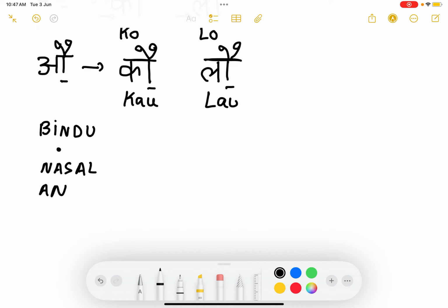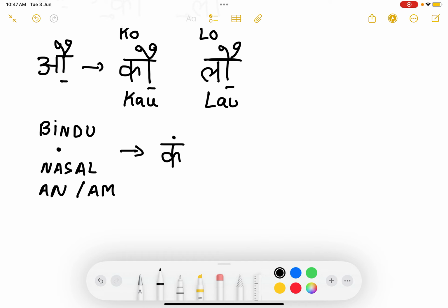This is the sound that the matra carries mostly, but sometimes it also carries the sound um, very subtle partial nasal sounds. Okay, let's see how this matra is placed. I take the base letter ka, and this bindu, this dot, is put on the top like this.